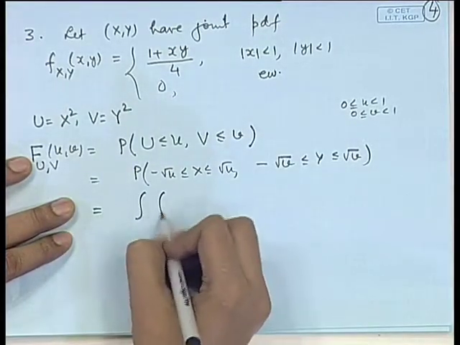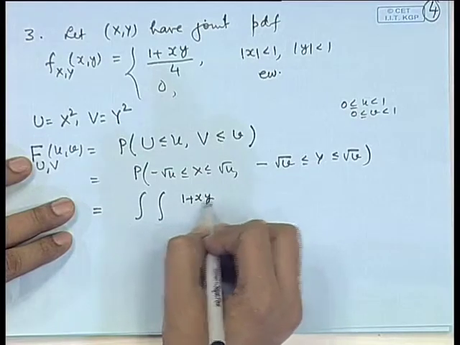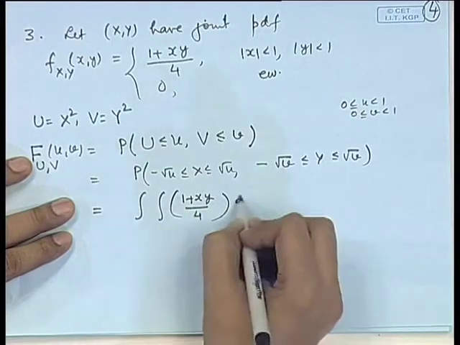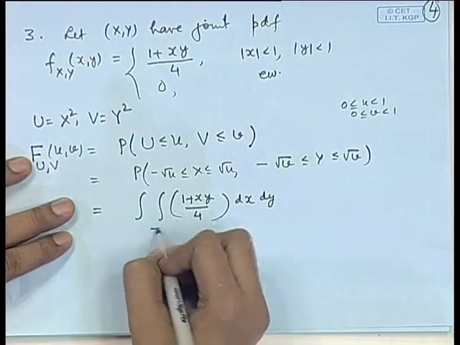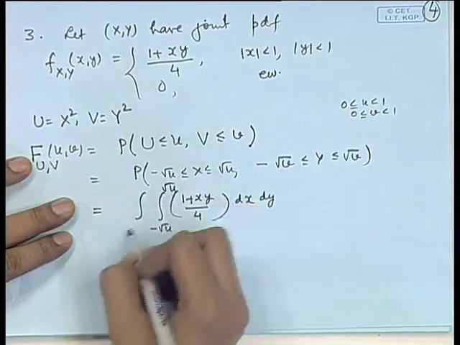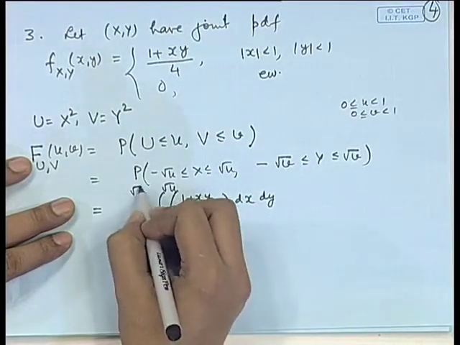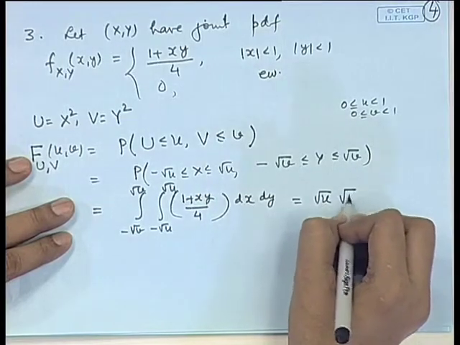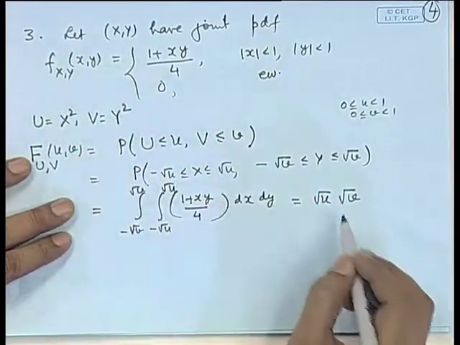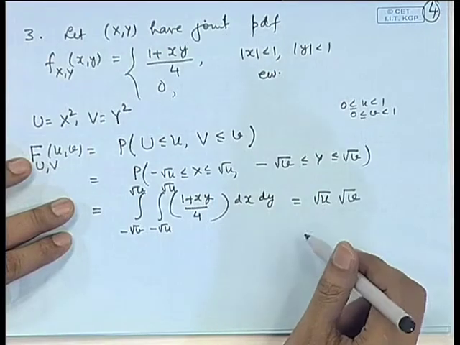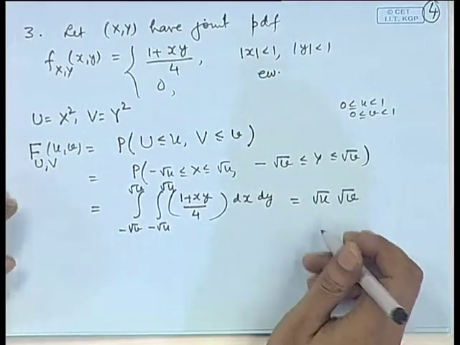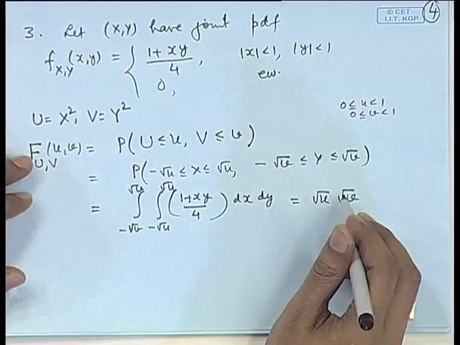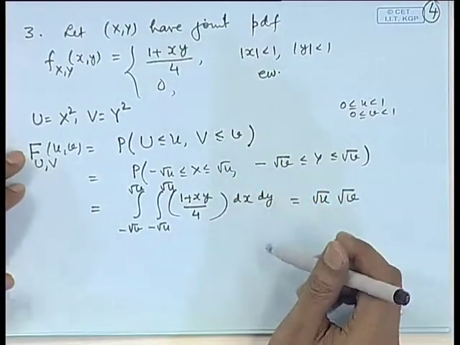So, that is the integral of 1 plus xy by 4, dx dy over minus root u to plus root u, minus root v to plus root v, and we can evaluate it to be root u root v. So, the joint CDF can be obtained. From here we can determine the density of u and v.